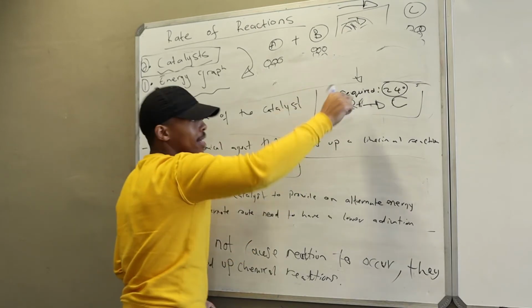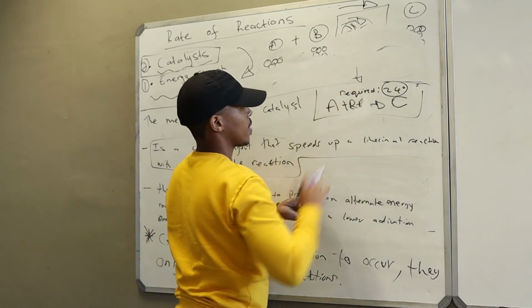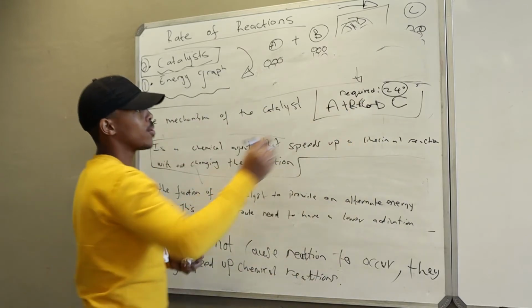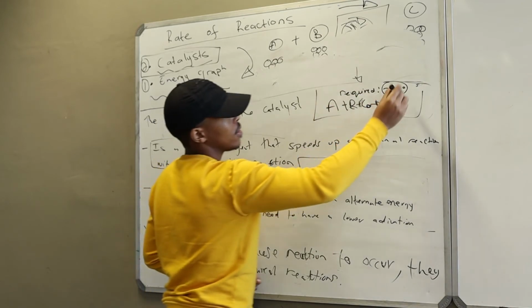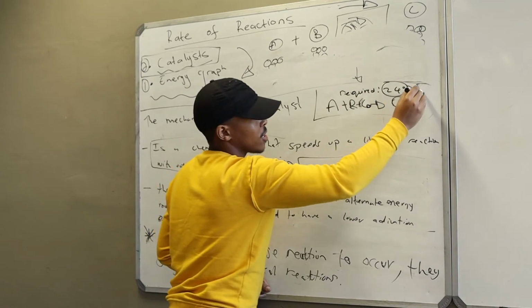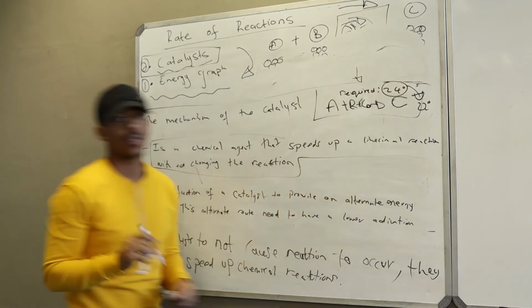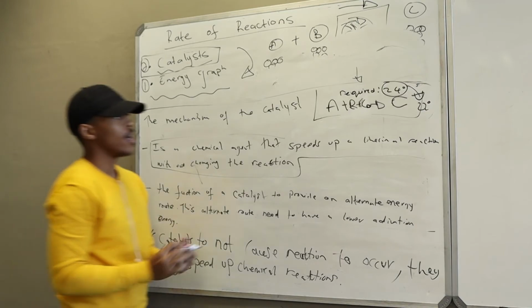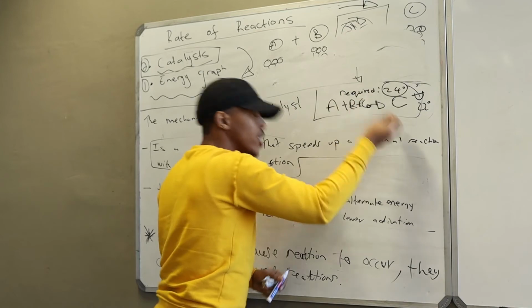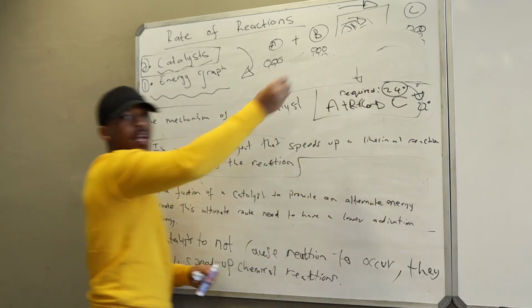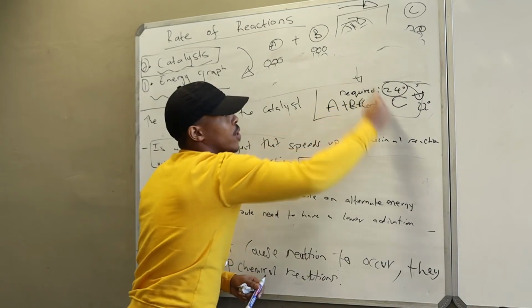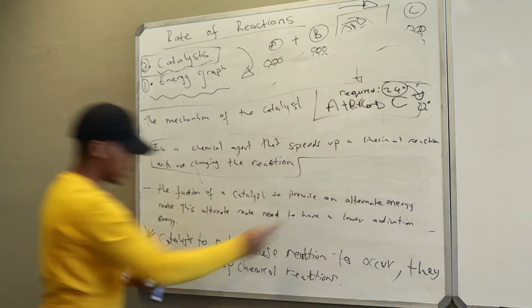Then when you add the catalyst, now what will happen? It will bring down the required energy of this reaction to 22. So it's not the other way around. A specific chemical reaction needs to start at its original activation energy, and then the catalyst will drop the required energy to a lower energy, because that's its job.